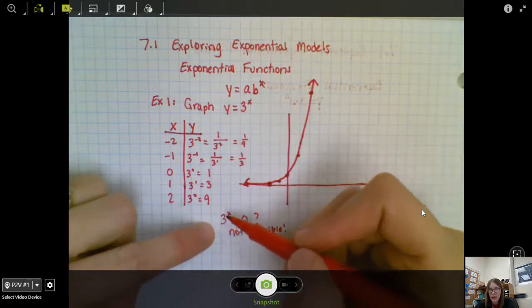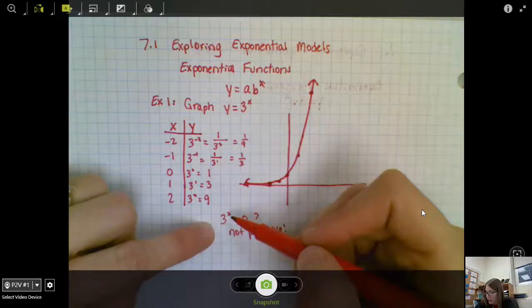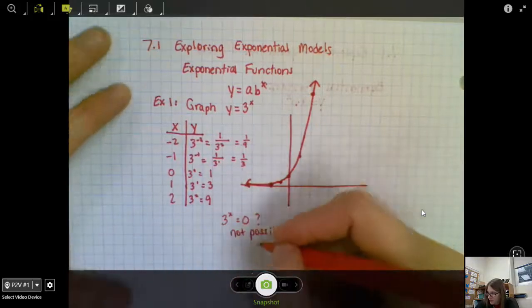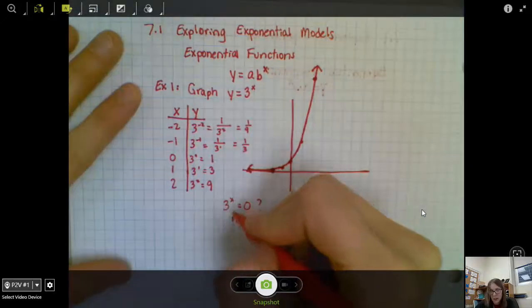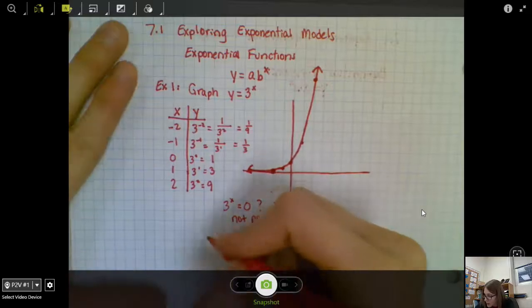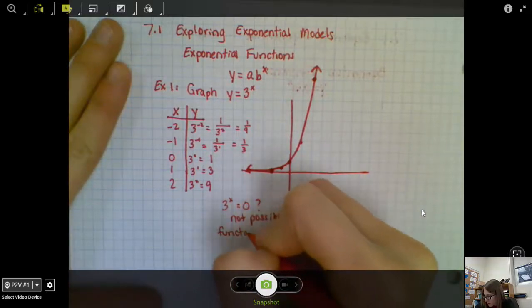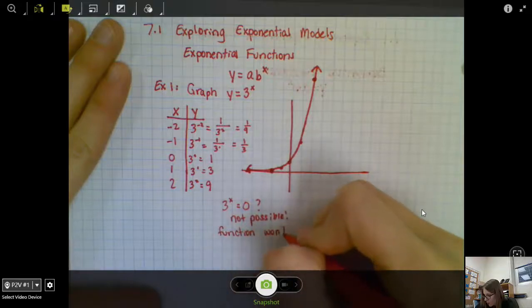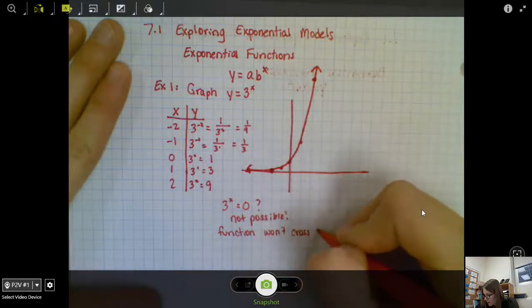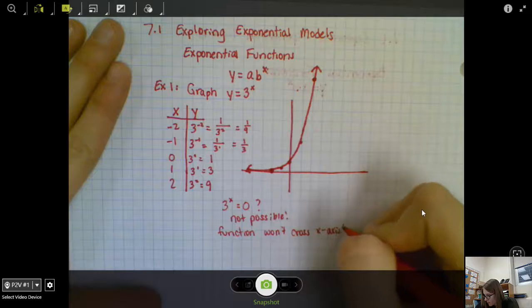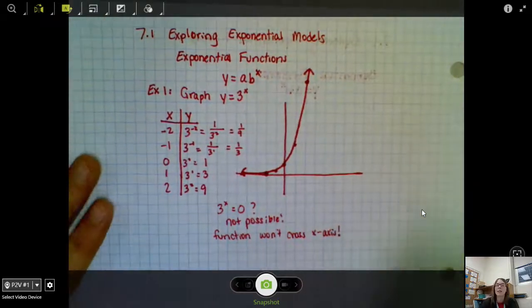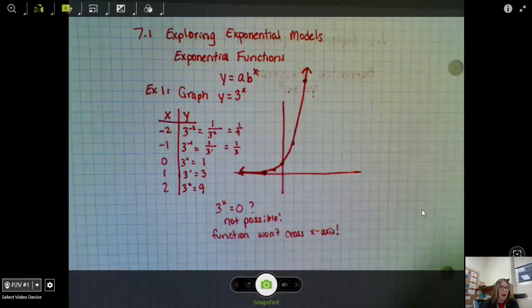And any negative number is just going to give us a fraction. So since 3 to the x equals 0 is not possible, the function won't cross the x-axis. That's something to keep in mind as we go through.